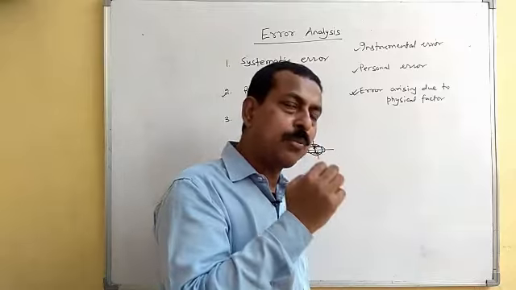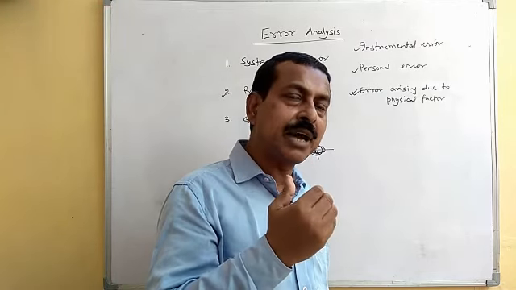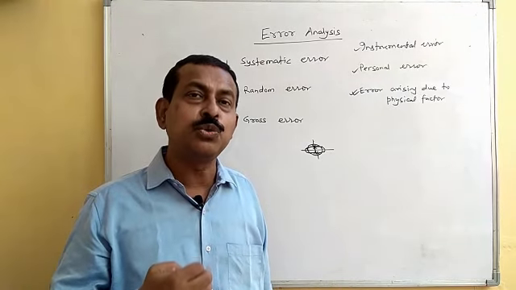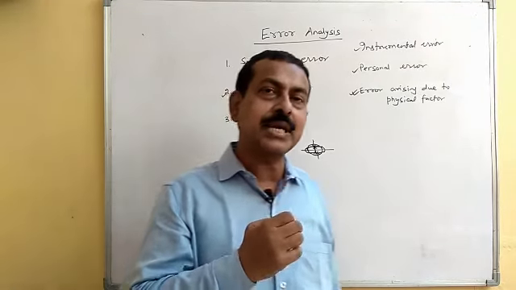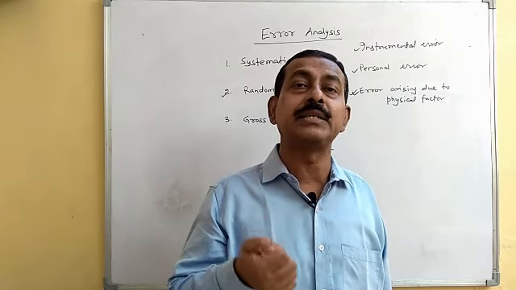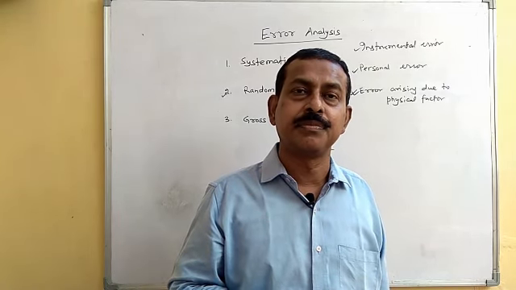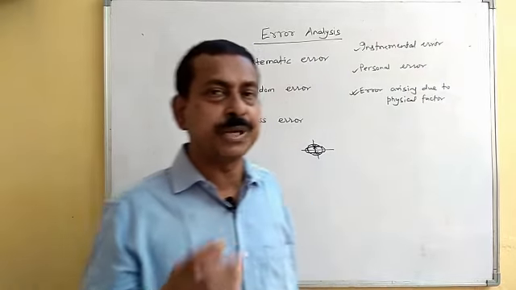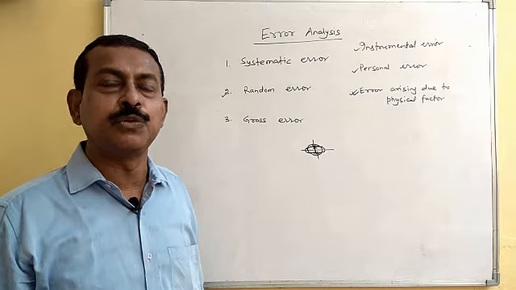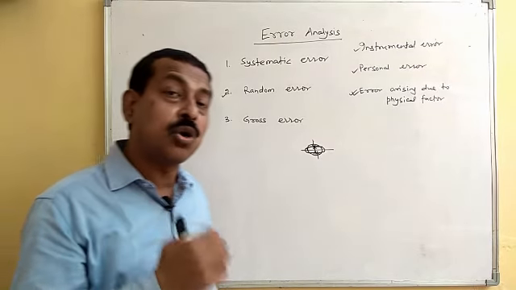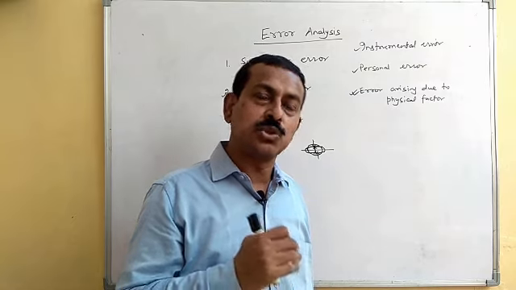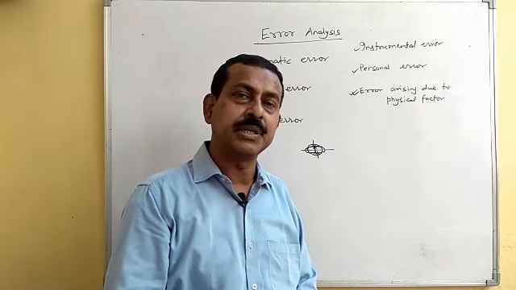So if the measured value of the diameter is less than the actual one, we do not know whether the diameter is actually less at that point or the screw has been tightened hard there. Such types of errors fall under random errors. We do not know the exact cause of that error.